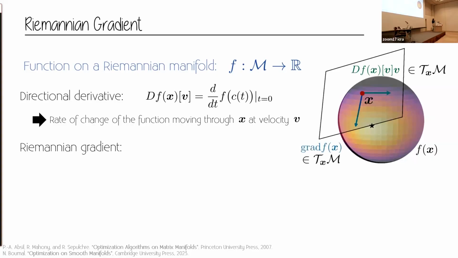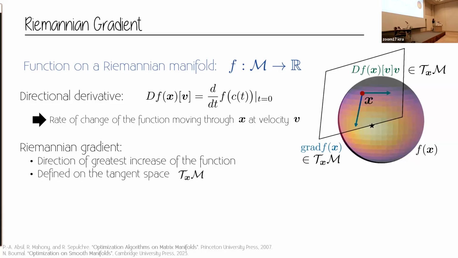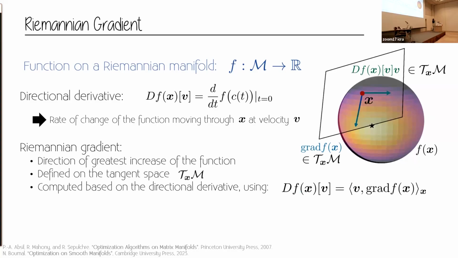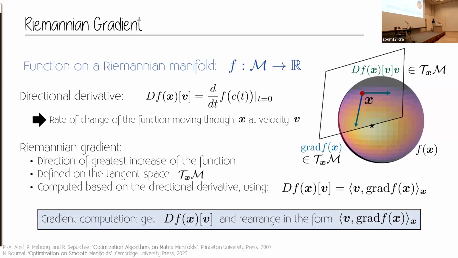The Riemannian gradient generalizes similarly. It's also the direction of the greatest increase of the function, and again it is defined on the tangent space at a given point. In this case, we don't have a nice derivative computation for the gradient; we actually compute it based on the directional derivative. The trick to compute the Riemannian gradient is to get the directional derivative, which you can get with this formula.